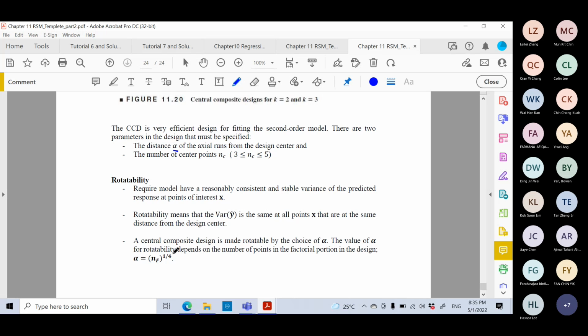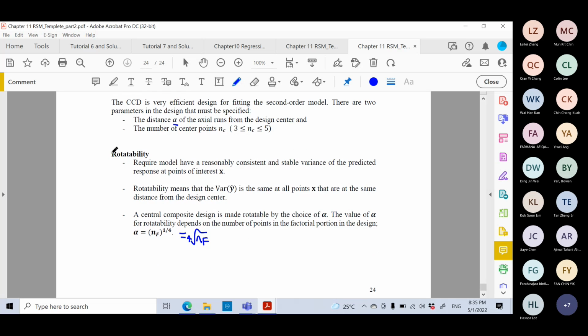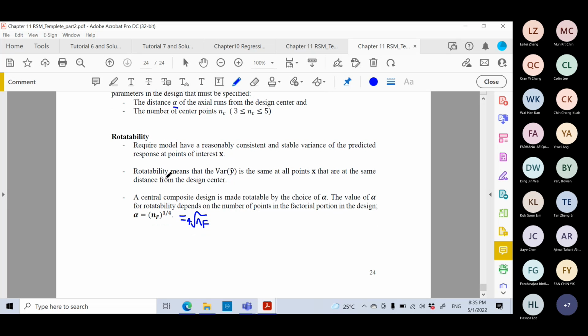In this one, there are a few criteria to decide the alpha. The first one can be considered as alpha equal to NF power of 1 over 4. This one is the first version.